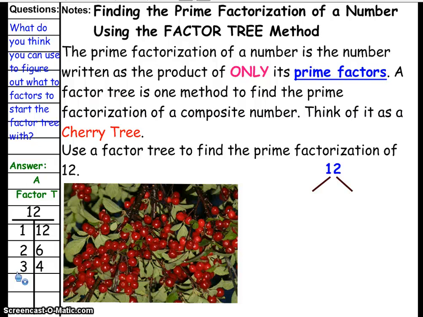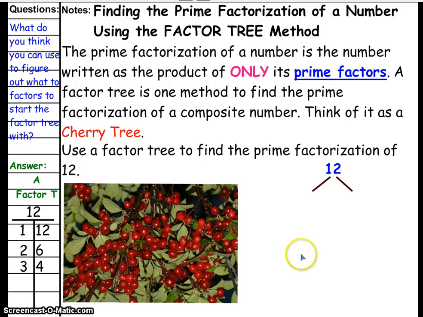So since it's not a prime or a composite number, it does not go on our factor tree. So now that we know that 1 does not go on our factor tree, we cannot use the factors 1 and 12. So we can either use 2 times 6 or 3 times 4.